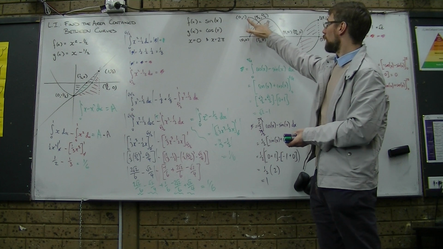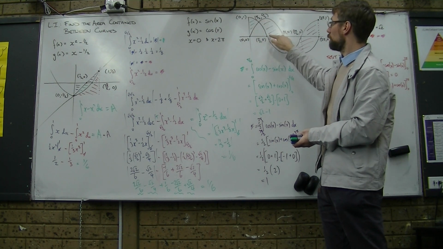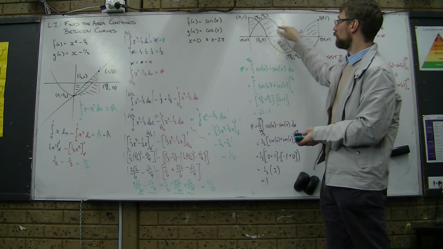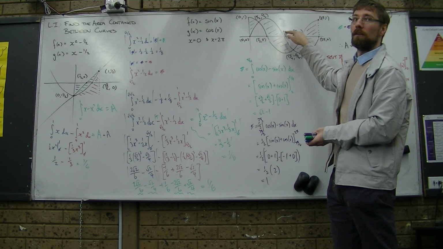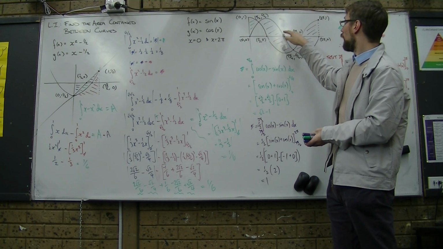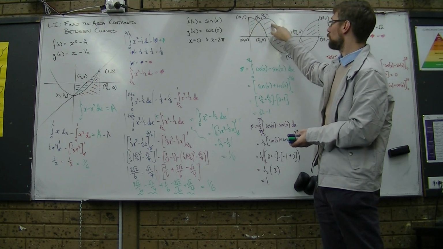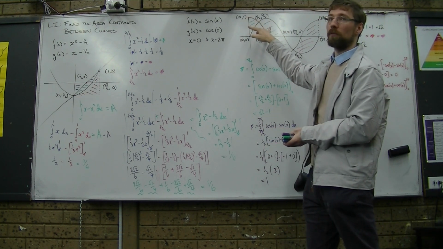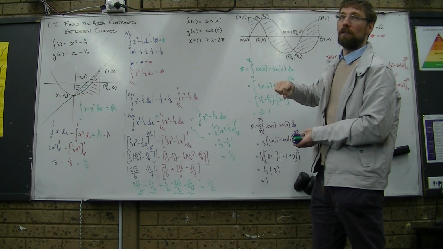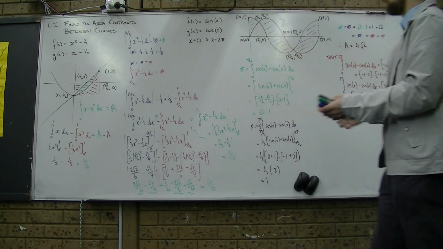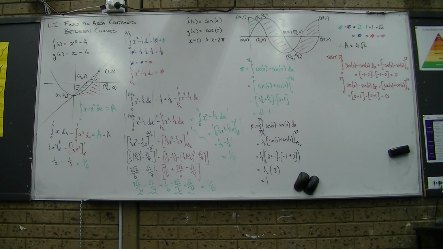Times that by 2 would give you that shape, and then just do a single integral under sine. And then you've got these two, give you those bits. This times 2 would give you the second bit, and then times the whole thing by 2 again, and you've got everything. So you can partition these up, particularly with trig things. There's so many symmetries that you can just exploit.